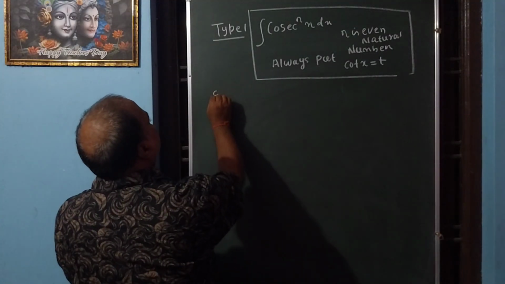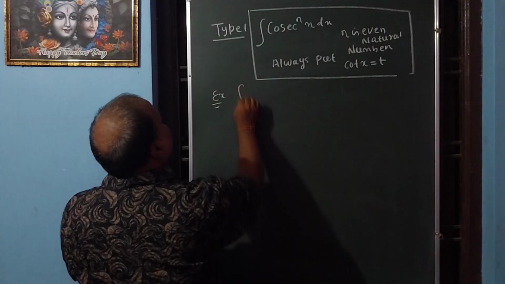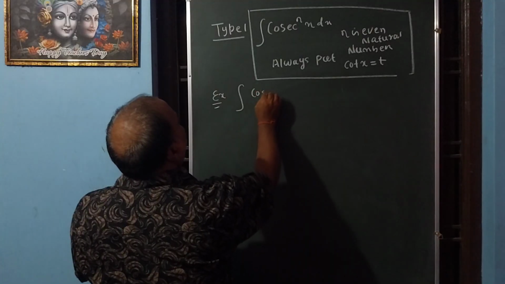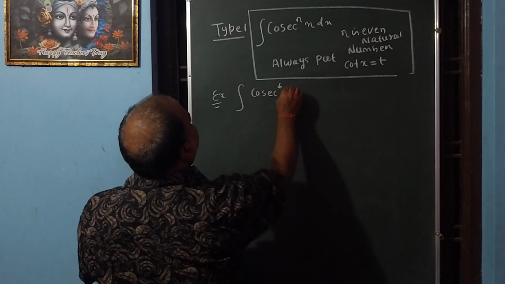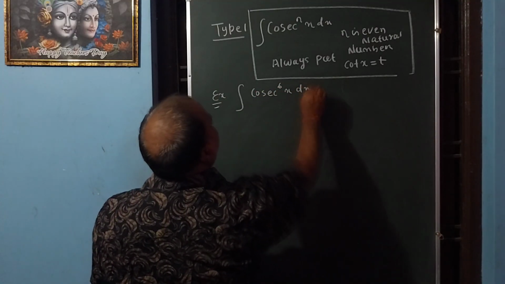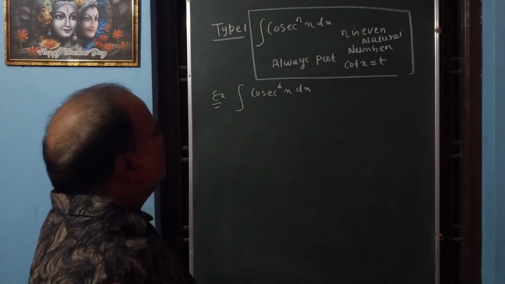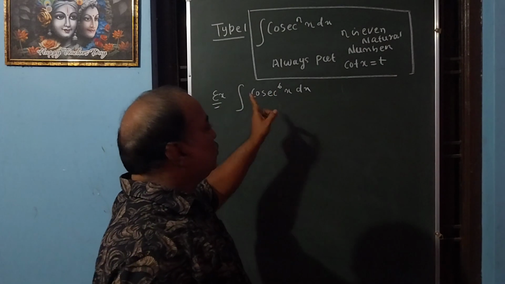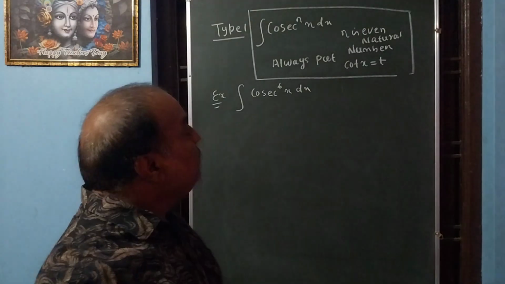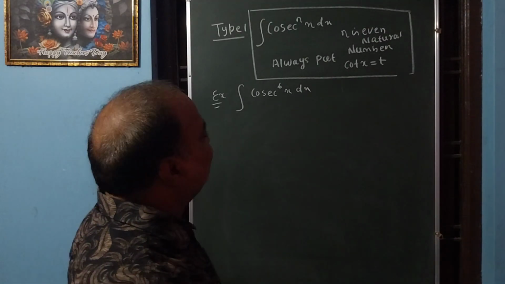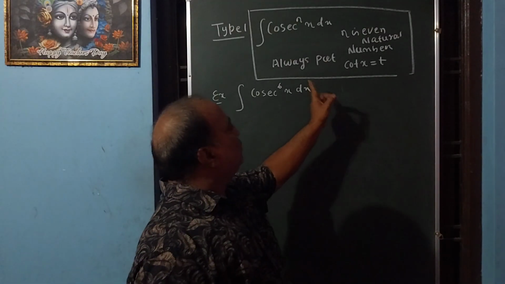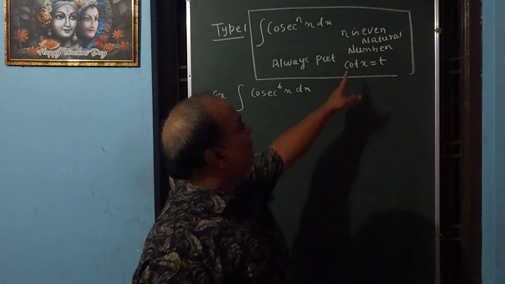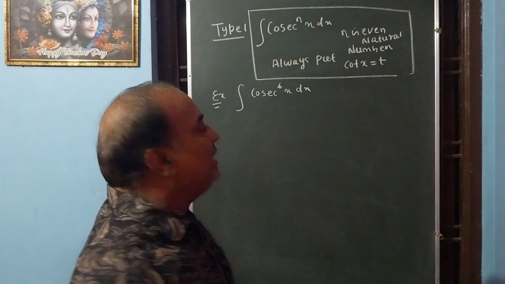Write down one example: integration of cosec to the power 6 x dx. You have to break cosec to the power 6 x as cosec to the power 4 x into cosec square x, because the cosec square x will be eliminated by putting cot x, whose derivative is there.